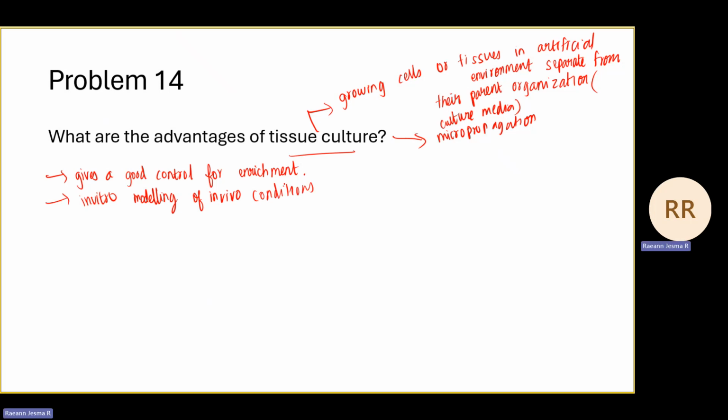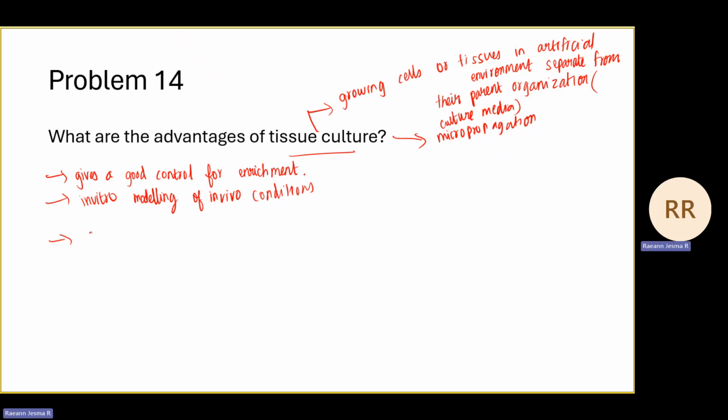You can try to create an in vitro condition that is closely related to in vivo conditions. Okay, so that is one of the other reasons that we can.